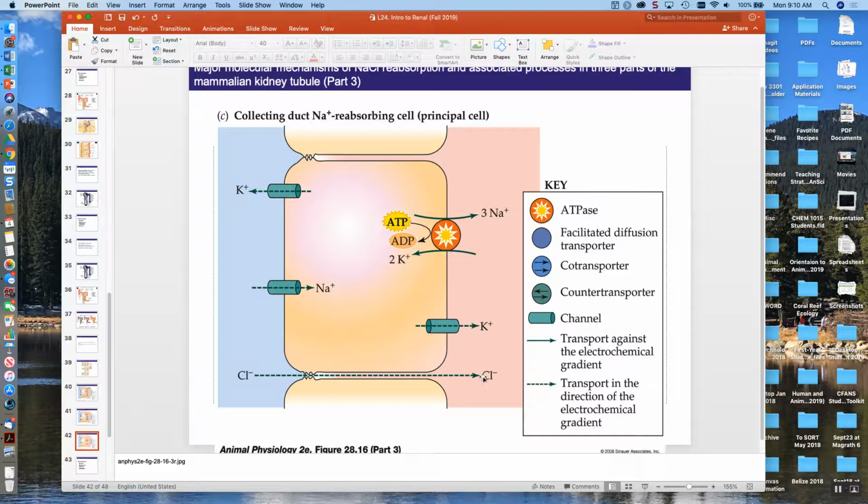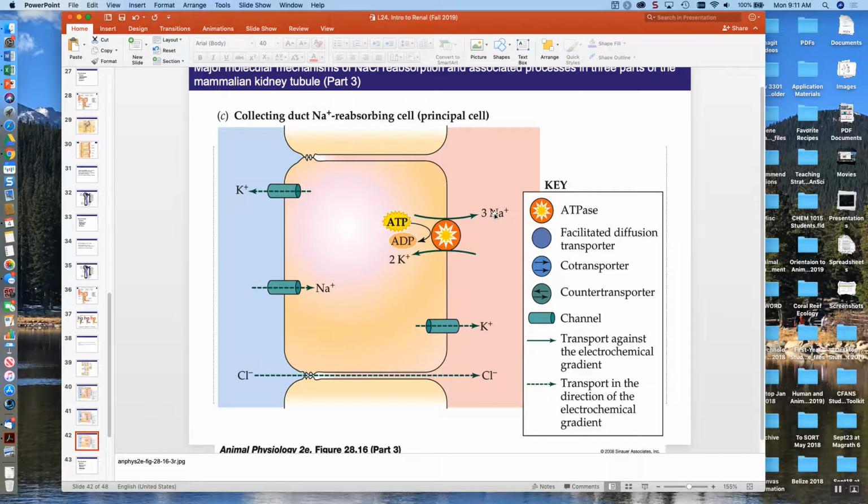Okay, this looks like a pretty simple diagram here, but let me just talk about aldosterone again. What aldosterone does is it increases the number of ENaC channels on the apical membrane. Okay, so get this. The more sodium that's brought into the cell, it increases the turnover rate of the pump, right?